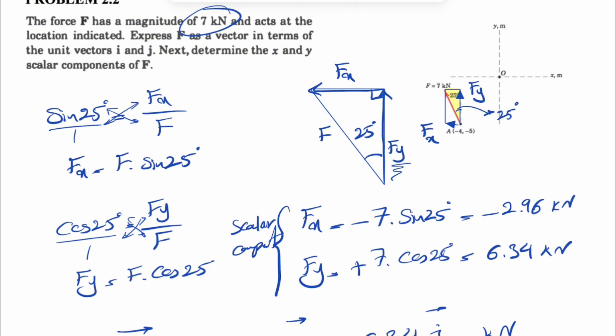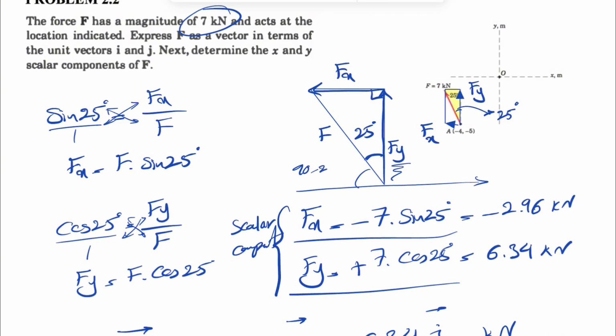But one quick shortcut that you want to use in the next questions: if you have the angle with the y-axis, the cosine would be the y component and sine would be the x component. But if we had, instead of 25, this angle, which is the angle with x, it's going to be 90 minus 25 degrees because x and y are perpendicular to each other.